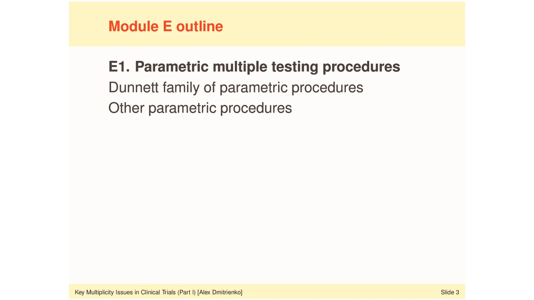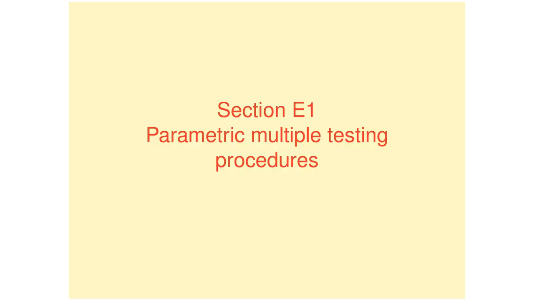And the EMA guideline briefly mentions multiplicity problems in trials with more than 2 arms in section 5. So once again, there's only one section, it's section E1, Parametric Multiple Testing Procedures.